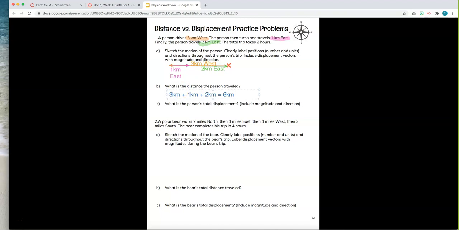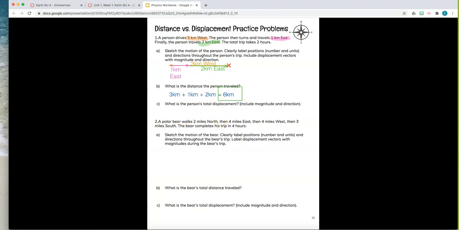So that is the total distance traveled. Okay, so this right here is your answer.